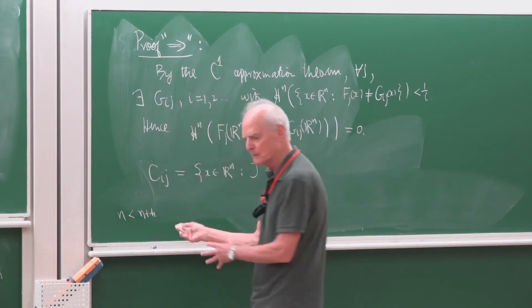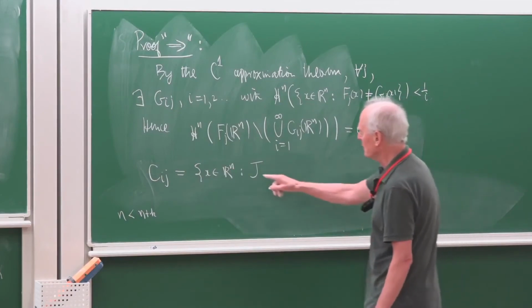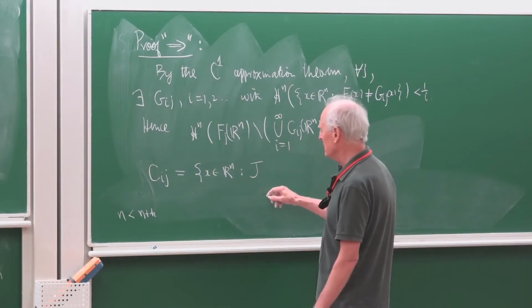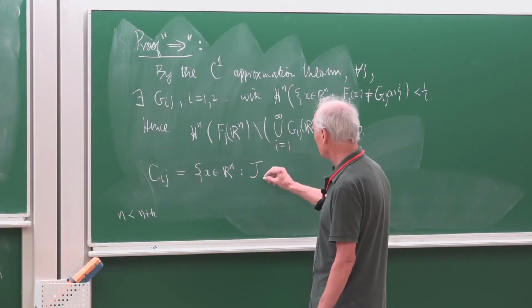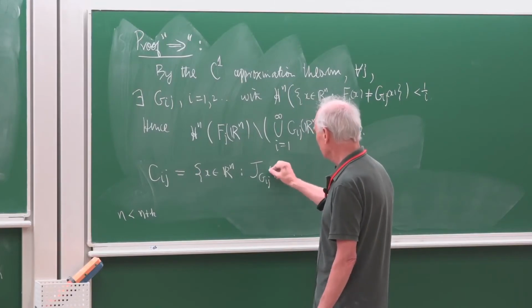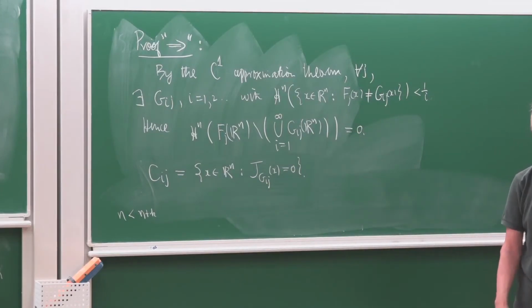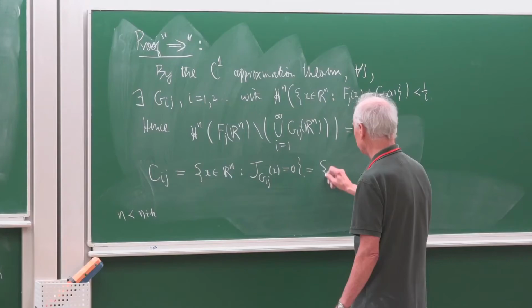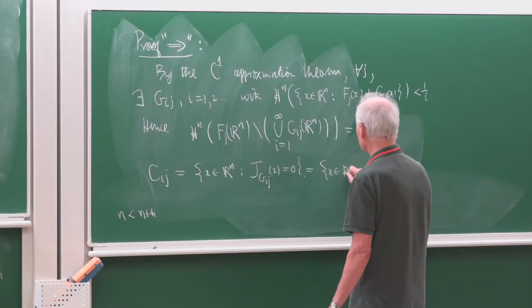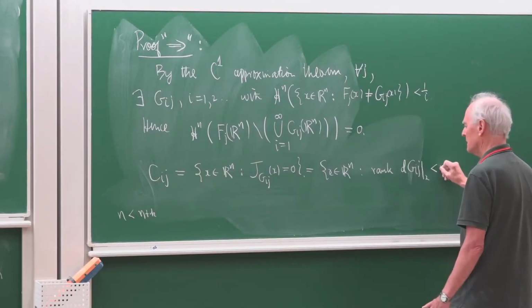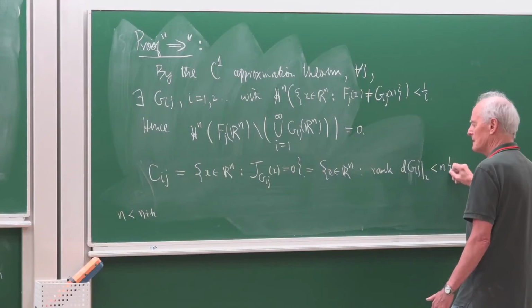So it's the area formula setting, if you like. And the Jacobian now means the usual thing that it means in the area formula. So J Gij(x) is equal to 0. So this is the critical set of Gij, the set of points where the rank is less than n. You can write it that way: the set of x in Rn such that the rank of the induced linear map Gij at x is less than n, less than maximum rank.